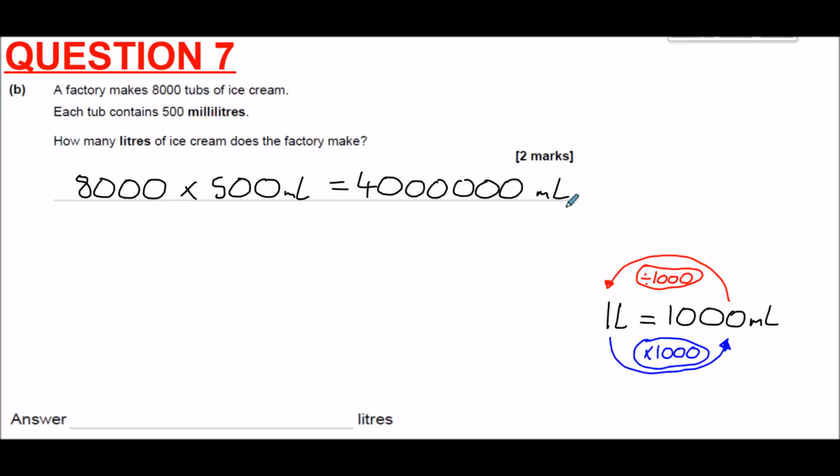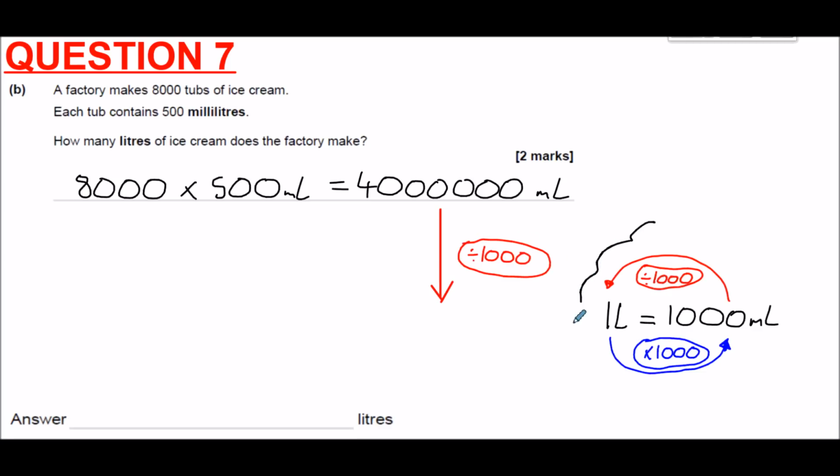So in this case, because we want to work out the answer in litres, we need to change from millilitres to litres. So to do that, we take the number of millilitres we've got and divide it by 1,000. So if there's 4 million millilitres, we can take and divide that by 1,000 to find out how many litres that's the same as.